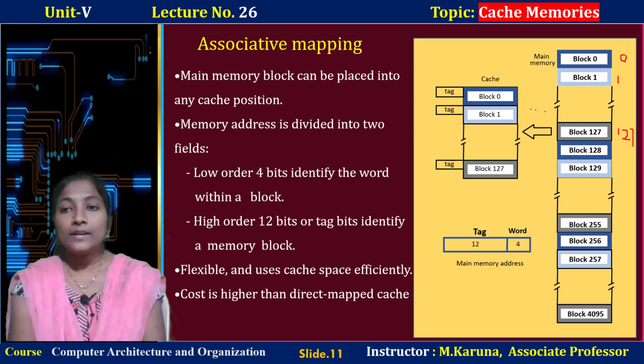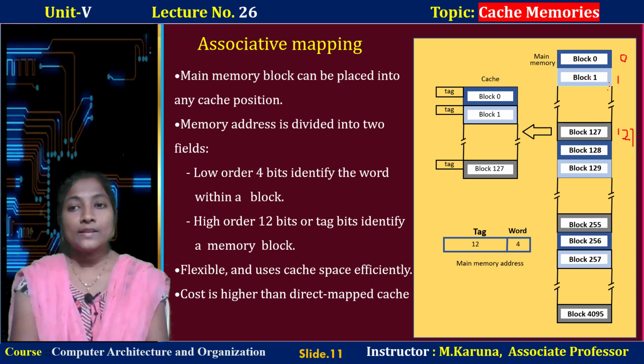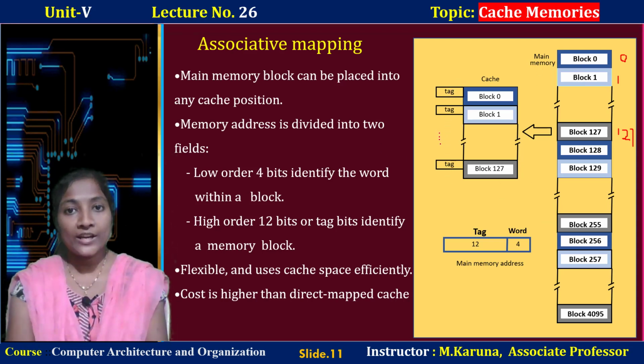Like that, each and every block is assigned a tag. So for block 0 to block 4095, tags are required to assign each block. Here tag bits are used to identify the block. Let us see how the processor can access the data from the cache memory with the help of these tag bits.